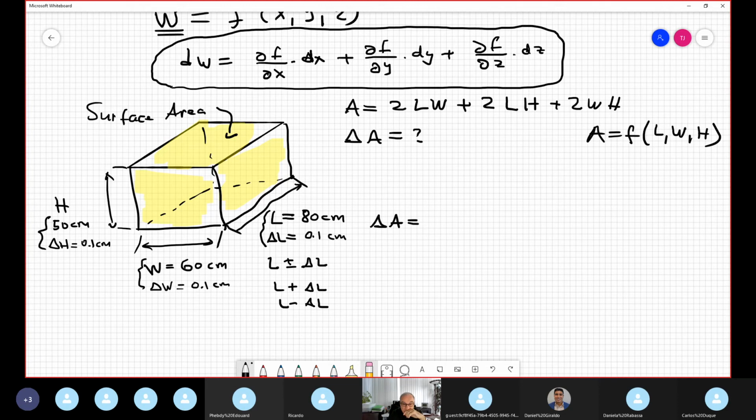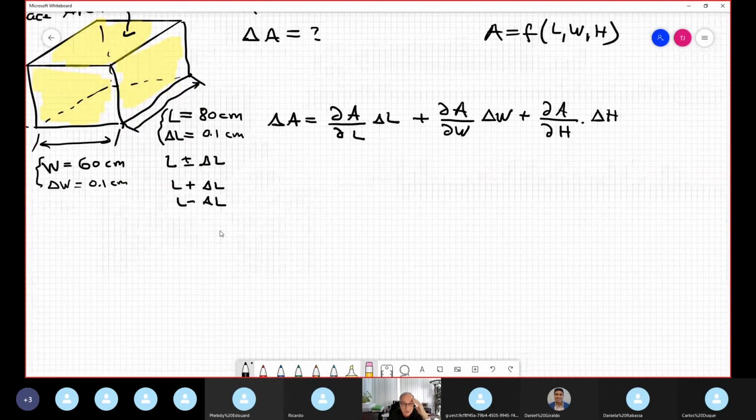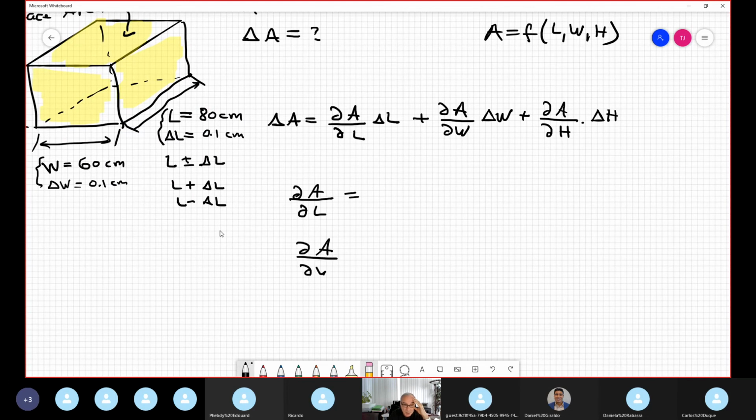To find delta A, you compute partial derivative of A with respect to L times delta L, plus partial derivative of area with respect to W multiplied by delta W, plus partial derivative of area with respect to H multiplied by delta H. Okay, let's compute the partial derivatives independently. To make the problem easier, let's say partial derivative of A with respect to L, partial derivative of A with respect to W, partial derivative of A with respect to H.